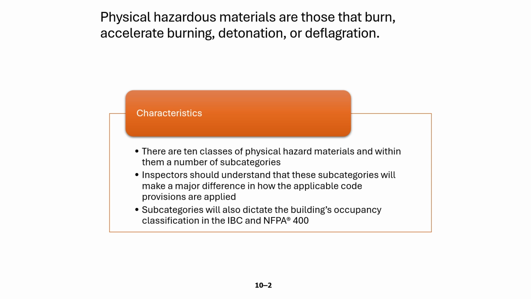As inspectors, we need to understand that these subcategories will make a major difference in how we apply the code, given the identification of its volatility or physical hazards. These subcategories can also dictate the classification of the building, occupancy, and the use of the building, whether we look at it from the International Building Code or NFPA 400.